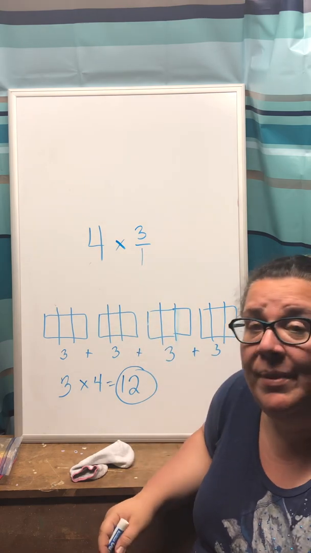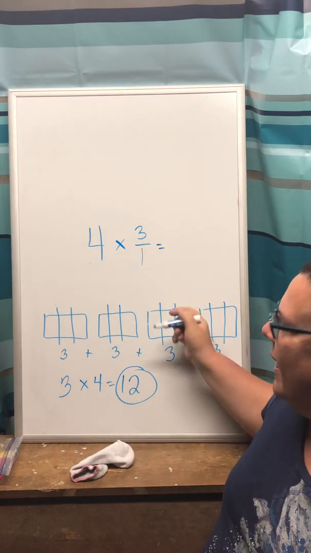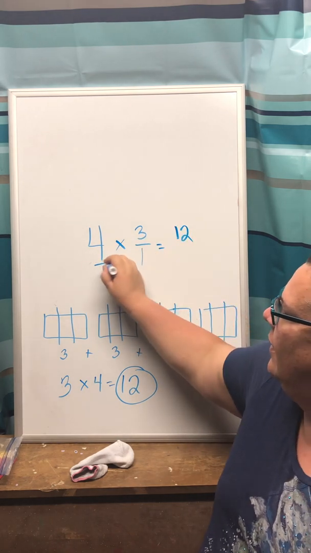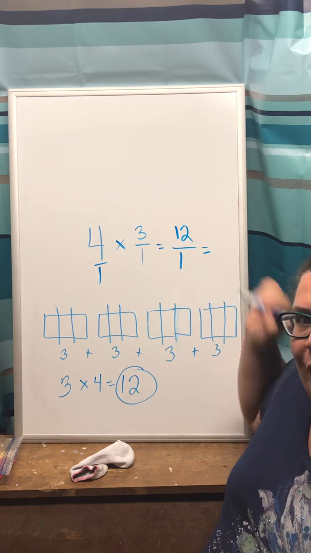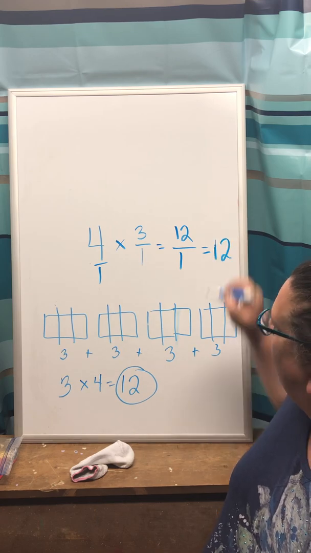So I'm going to multiply instead of doing the division, and I'm allowed to do that because of that flip that I made. So I end up doing 4 times 3 is 12, 1 times 1 is 1. I end up with 12/1, 12 ones, or 12.